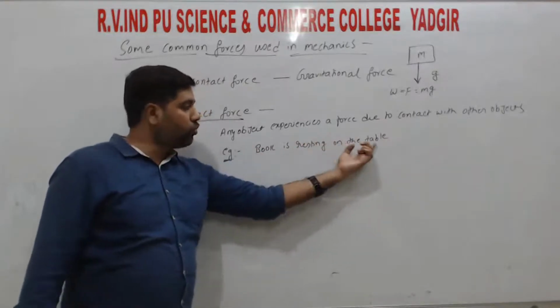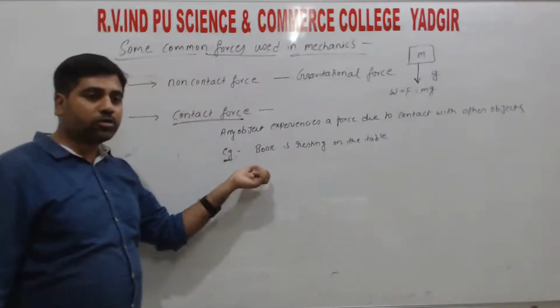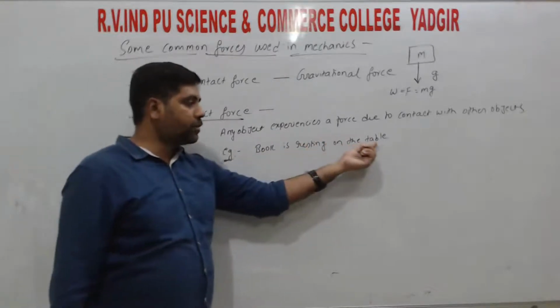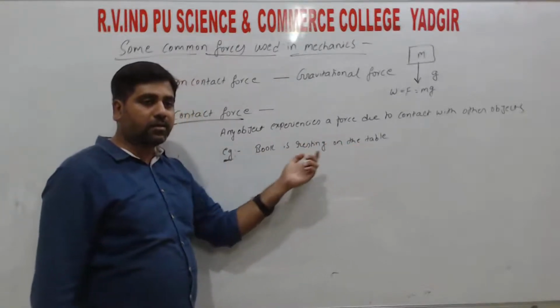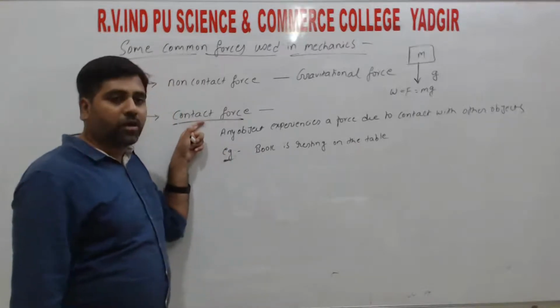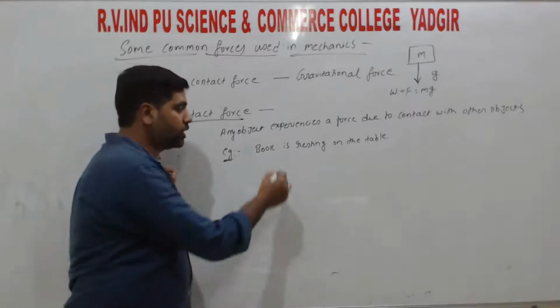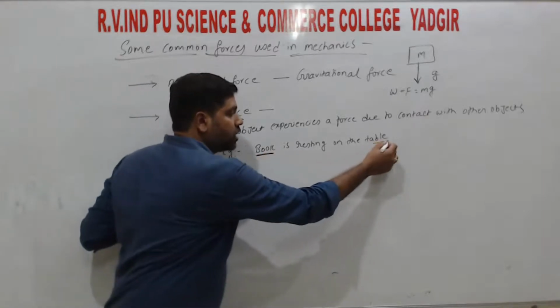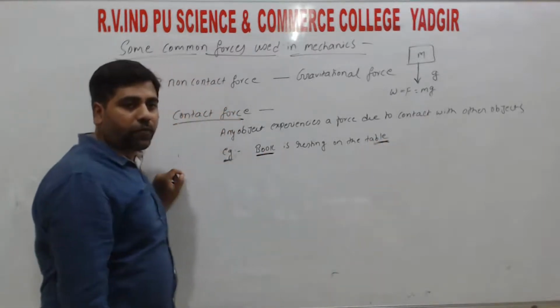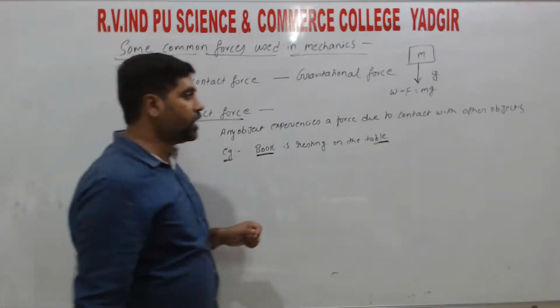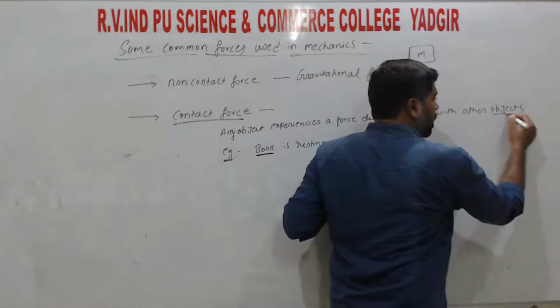These two are in contact, there is a force, and that force we call the contact force. That means those two objects must be in contact with one another. The book is in contact with the table, so there exists a force, and that type of force is called the contact force.